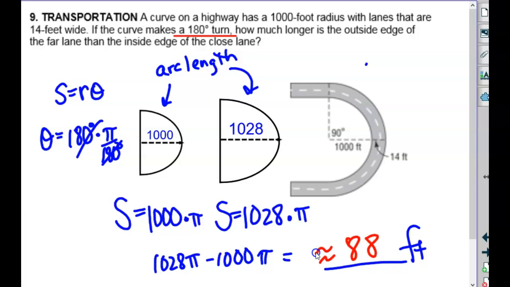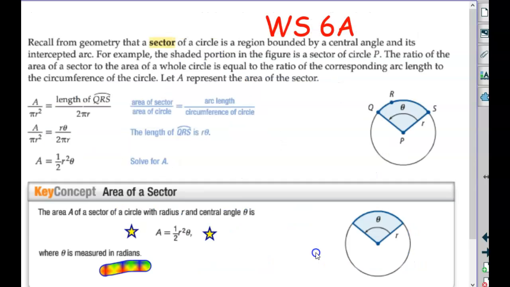All right, moving on. On the next page, we learn a new formula. This is about sector. A sector of a circle. It's on your blue sheet. It is the formula that says A equals 1/2 r squared theta. Okay? Again, it only works if theta is in radians. But what is a sector?